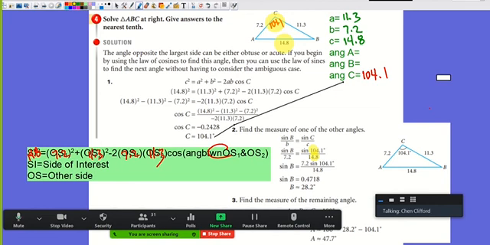Is the same as, let's find angle B, orange to orange. And then you get B is 28.2, and they did not do it.